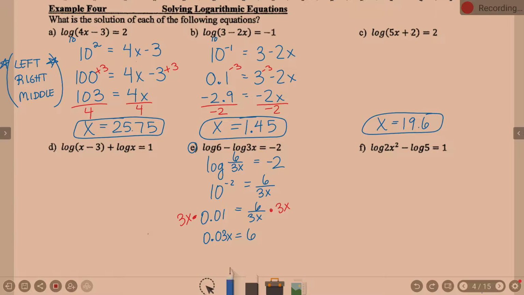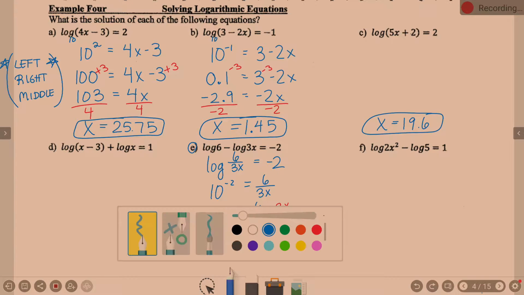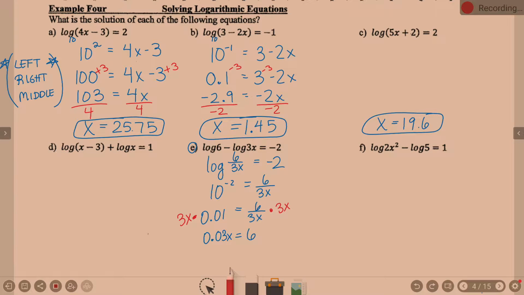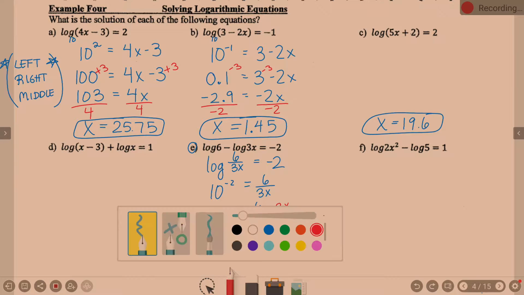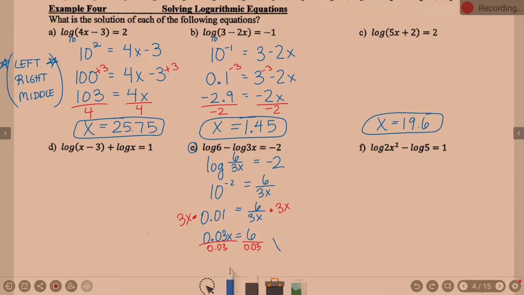Almost there. Final step. If it's 0.03 times x, we're going to divide by 0.03. And 6 divided by 0.03? 200.